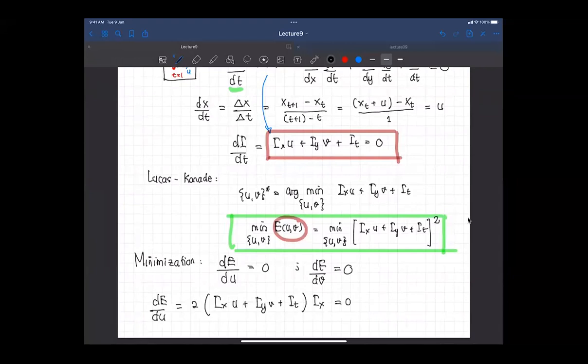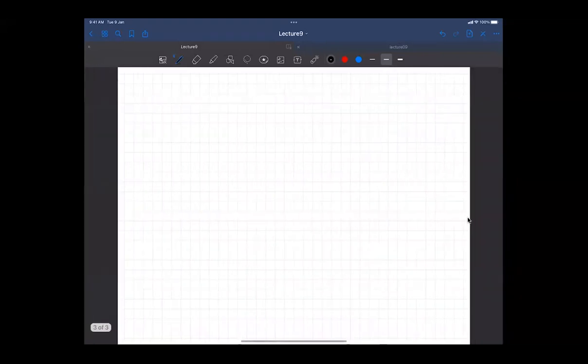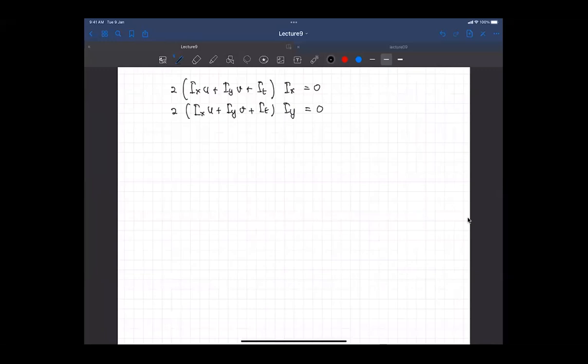You can do the same for Iy. So now we have two equations, one with respect to U, the other with respect to V. So in the end, we have 2(Ixu plus Iyv plus It) multiplied by Ix equal to 0, and the other one is 2(Ixu plus Iyv plus It) multiplied by Iy equal to 0. We can cancel the 2 out, because that will be meaningless.